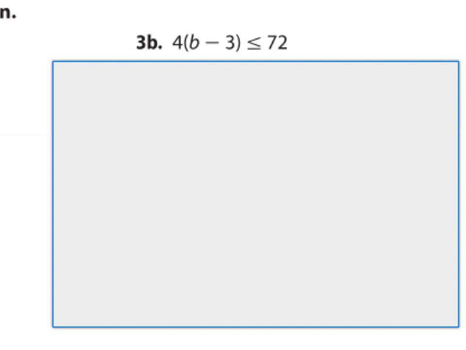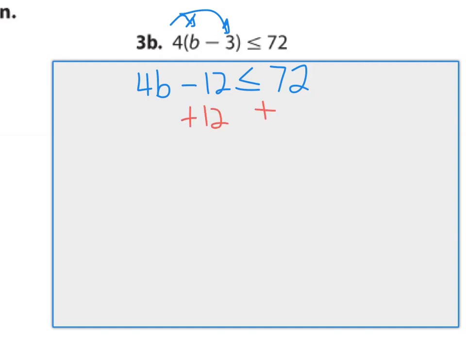Again, we have distributive property first. 4 times b and 4 times -3 would give me 4b minus 12 is less than or equal to 72. Let's use addition property of equality to remove the 12, and we must do that to both sides. That's a property of equality.